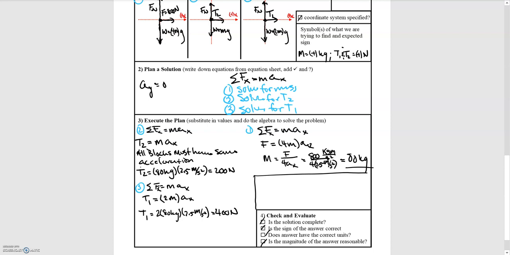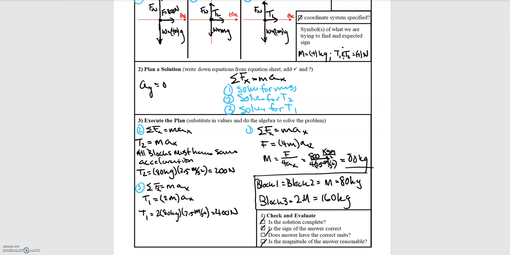And we're asked for what's the mass of the blocks. So block 1 equals block 2, which is equal to m, which is equal to 80 kilograms. And then block 3 is equal to 2m, and that's equal to 160 kilograms.